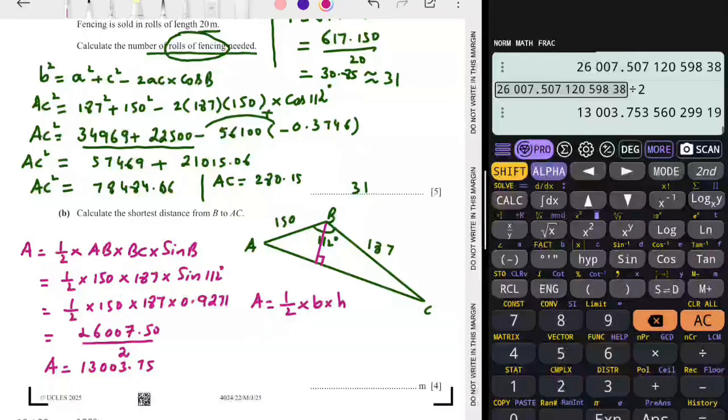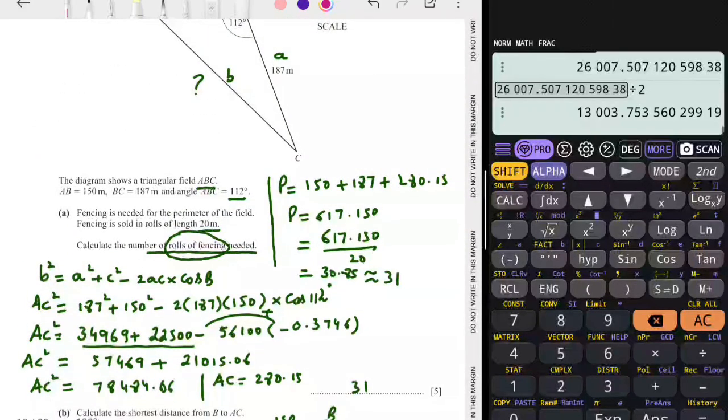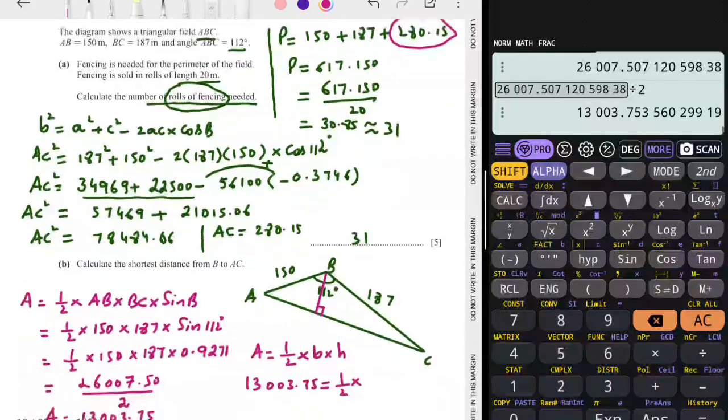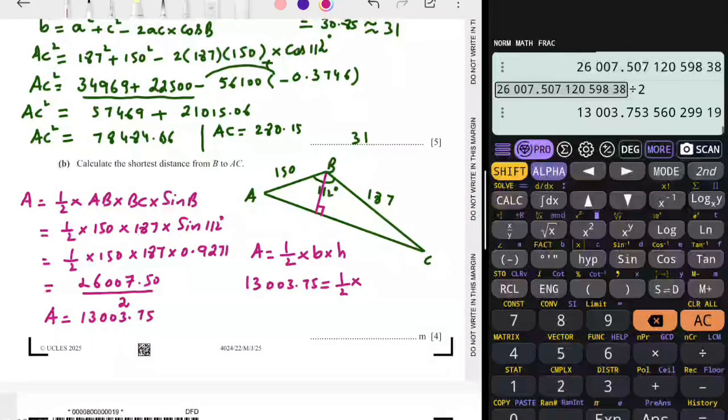So the area we have already calculated, that is 13003.75, is equal to 1 over 2 into base, which would be AC, that is already calculated. Let us see what it was. That was 280.15, multiplied by x, that is unknown.